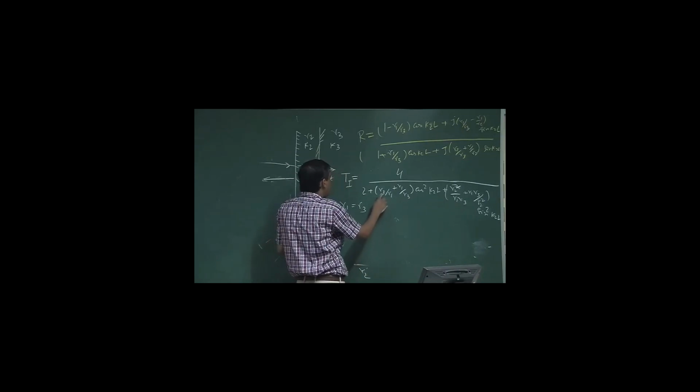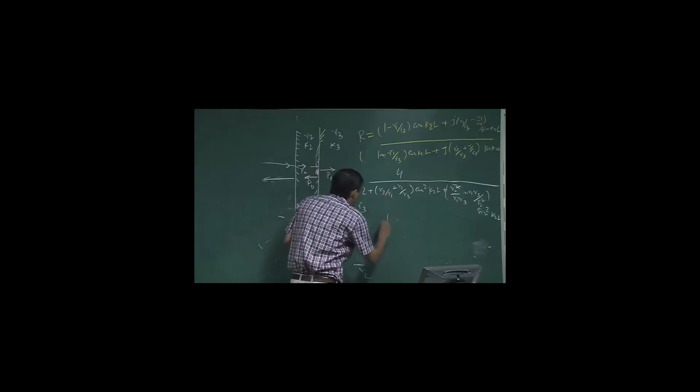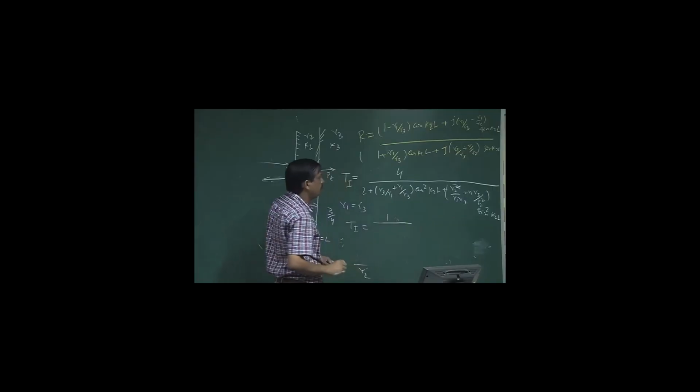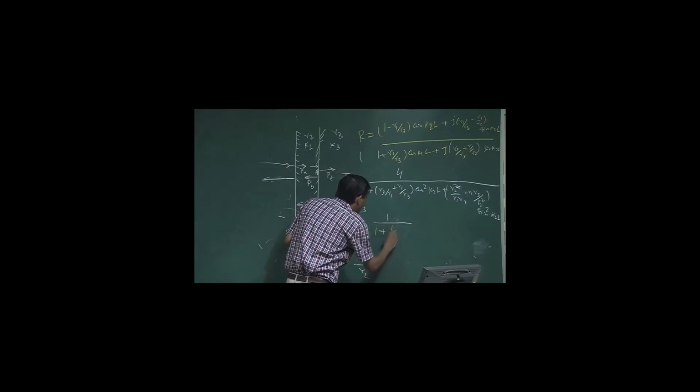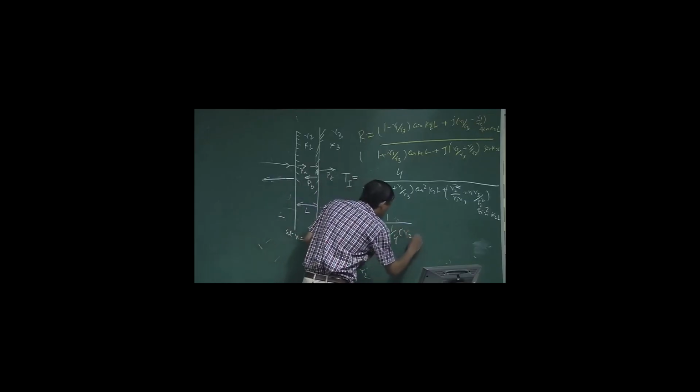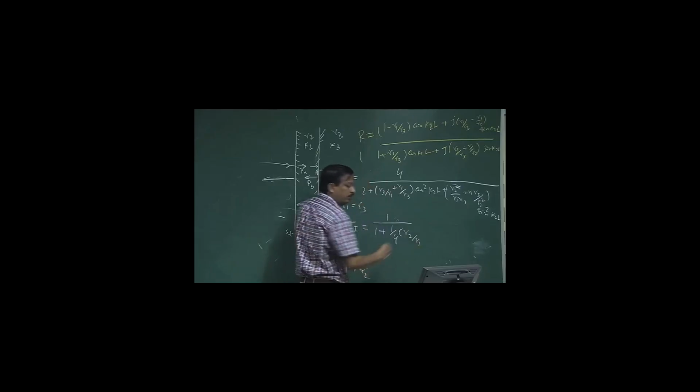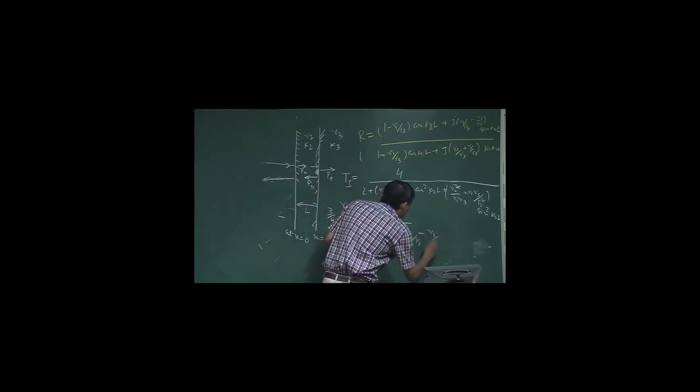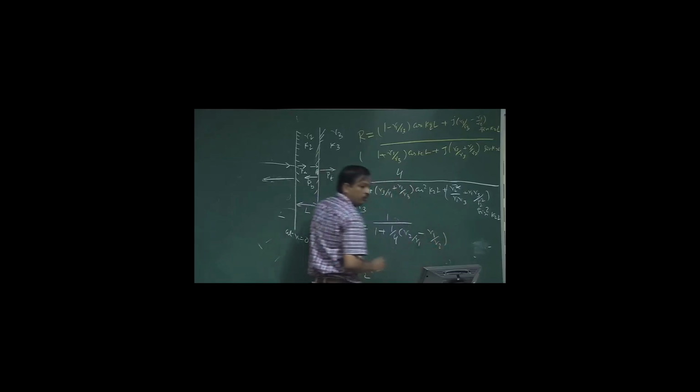I place R1 equal to R3, then TI will be 1 by 1 plus 1 by 4 [R2 by R1 minus R1 by R2] whole square sin square K2L.